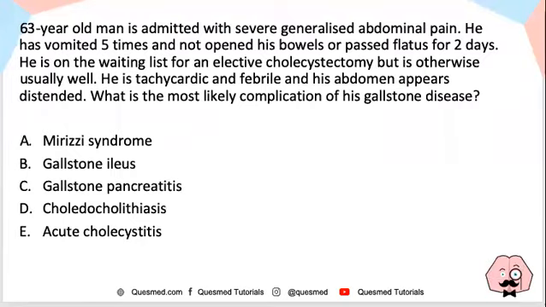So moving on to our next question. A 63-year-old man is admitted with severe generalized abdominal pain. He has vomited 5 times and has not opened his bowels or passed flatus for 2 days. He is on the waiting list for an elective cholecystectomy, but is otherwise usually well. He is tachycardic and febrile, and his abdomen appears distended.